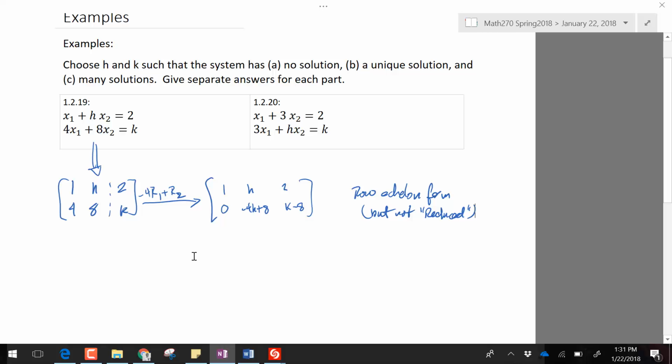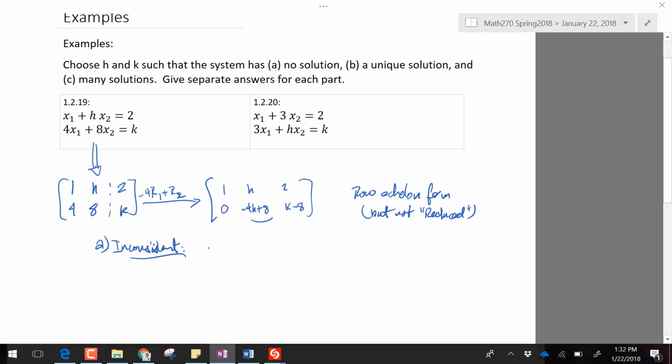All right, let's try to handle the first scenario where there's no solution. This is going to be inconsistent if we can get the last row to be 0, 0, and a non-zero number.